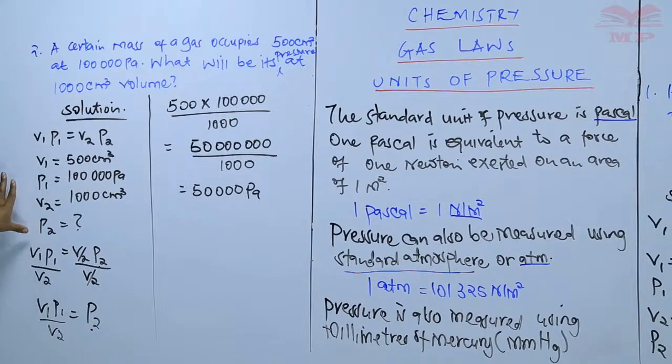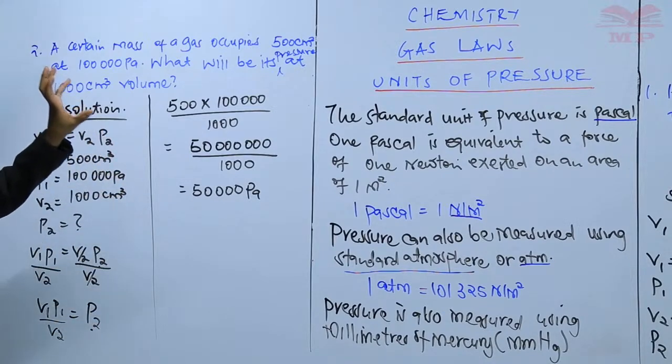Therefore, because we are calculating P2, we need to make P2 the subject of the formula. You divide both sides by V2. Then this V2 and this V2 will cancel out, and you'll be left with P2 as the subject of the formula.